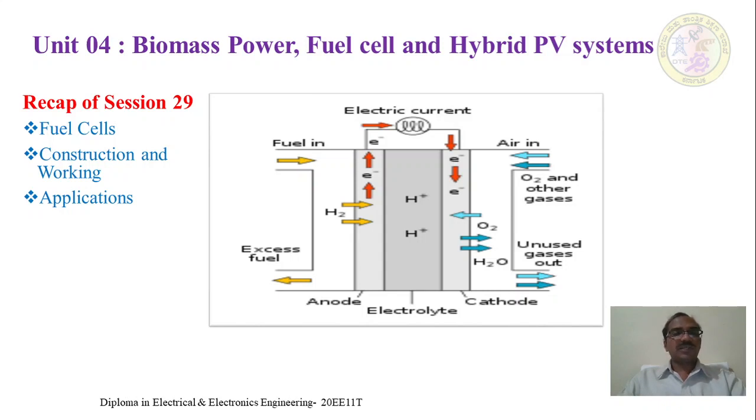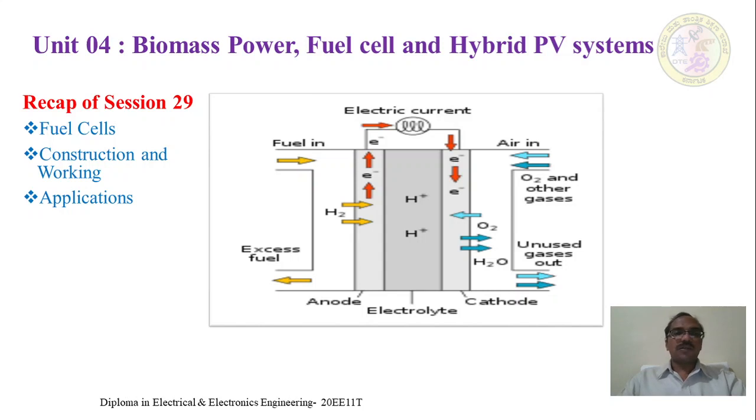As far as construction is concerned, it contains an anode, a cathode, and an electrolyte. The anode is rich in electrons, and the cathode is rich in protons. The flow of electrons is nothing but electrical current.